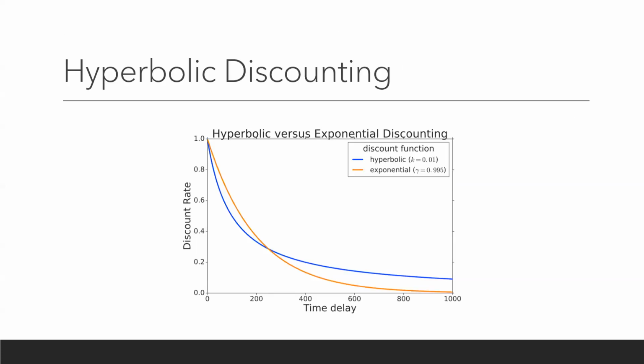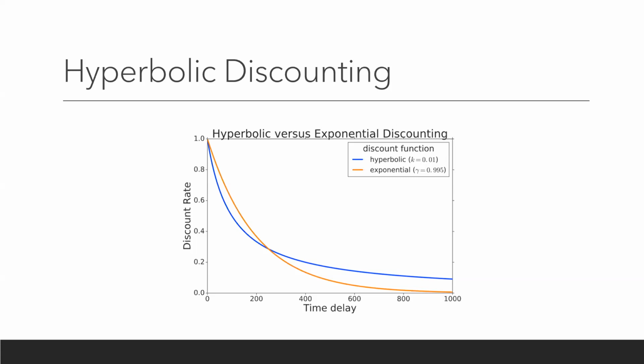In a hyperbolic setting, if you look at the two curves here, hyperbolic and exponential, you can see at a certain time delay, which relates to the trajectory length, the path length from the initial to the ending state, and the time step, that is the time delay.